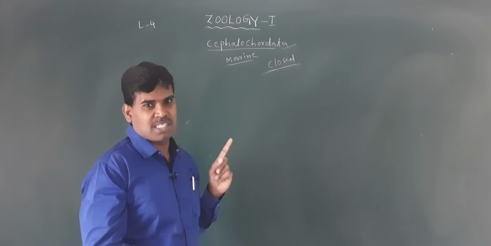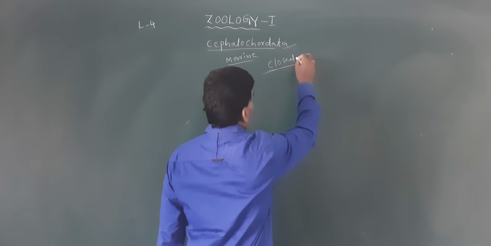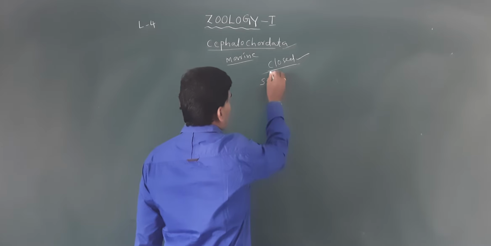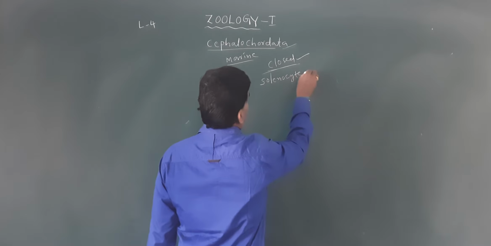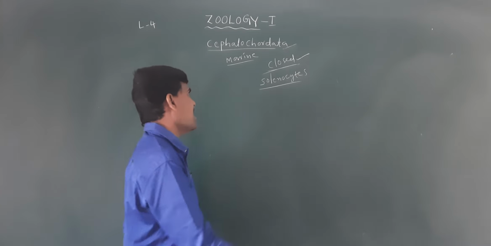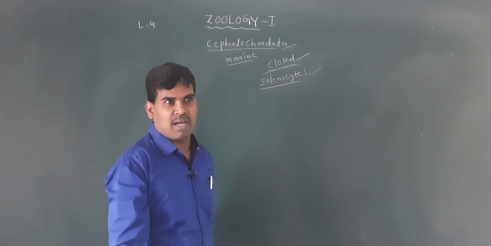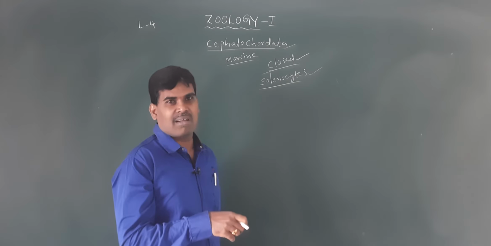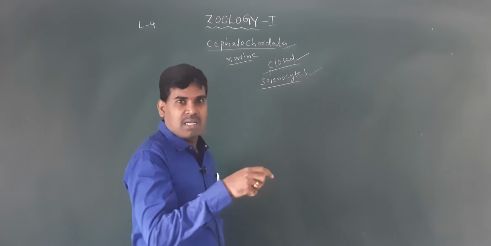The circulatory system: which type? Closed type of circulatory system. The excretory organs: which type? Yes, solenocytes. In the previous class I told you about the Urochordatan animals, whose excretory organs are neural glands.